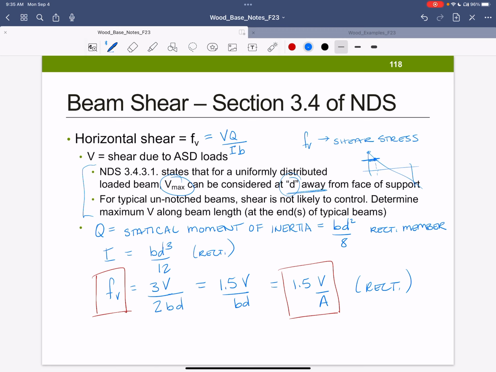If the member has primarily dead loads that are all across the beam, the shear diagram basically looks like this, and you're going to have your peak over as close to the support as the code makes you go. Notched beams we talked about a little bit in the first part of this chapter, and we'll do an example to check the notched pieces when we do the shear part of the example we did for bending.